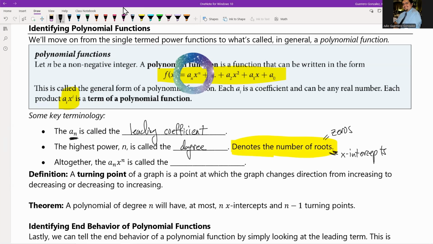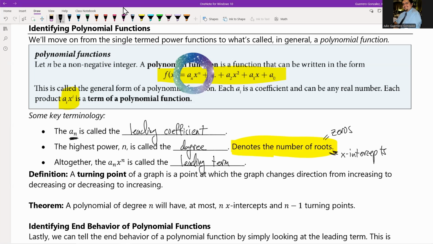So the degree gives you the number of x-intercepts for a polynomial. And then that whole term that I have circled with my space pen is also called the leading term.